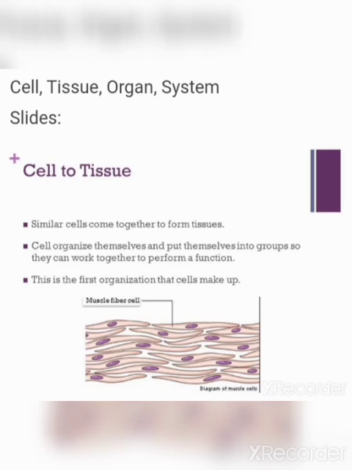Cells of the same type will usually group together to form a tissue. All living tissue is made from a group of similar cells which all work together to do a particular job. So when cells combine together, they form tissues.